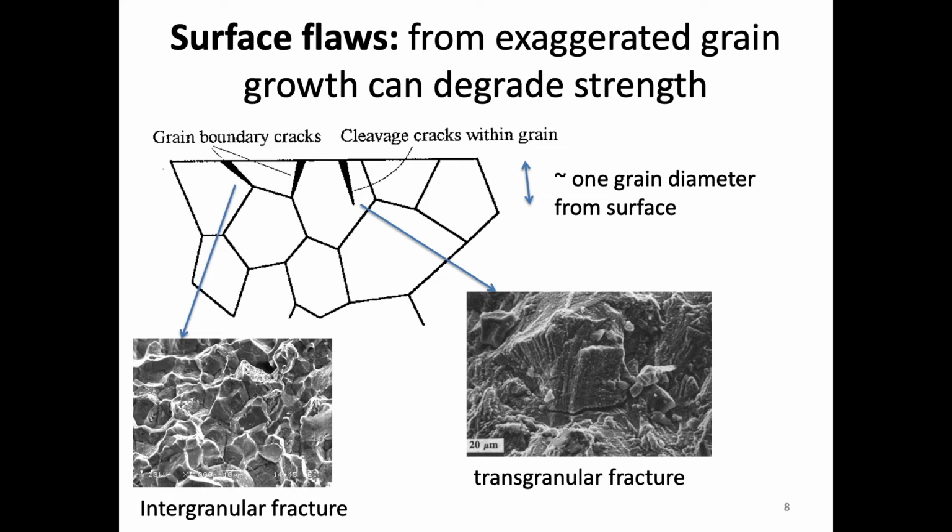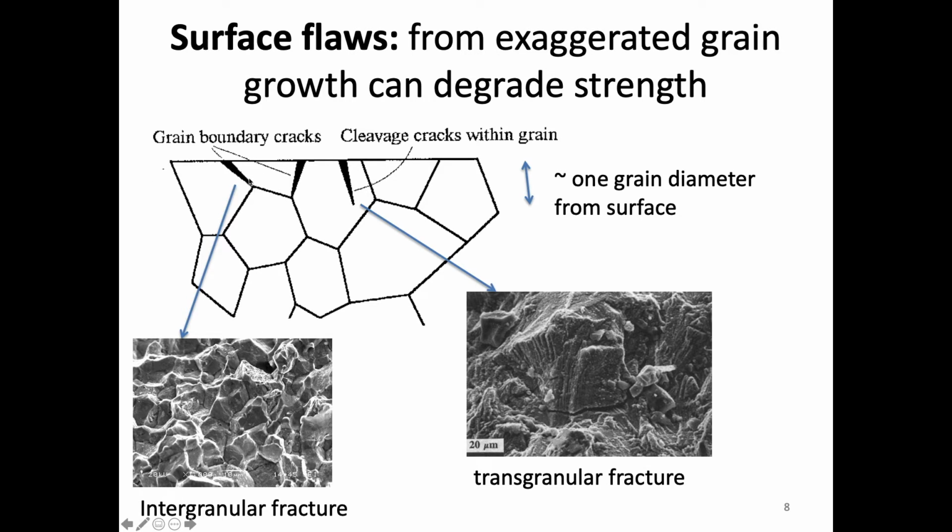But one thing you'll notice, and we'll talk about this in the next section, is that if we imagine a crack along this boundary, when it reaches this junction, it has to change directions. That change of direction takes energy. So what we find about surface flaws is they tend to be proportional to the grain diameter.